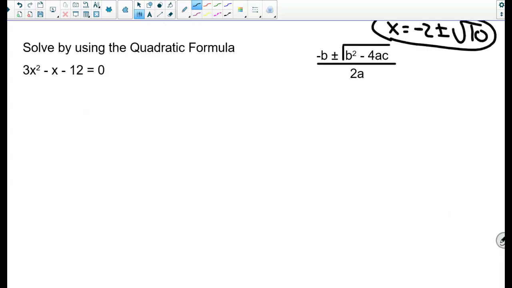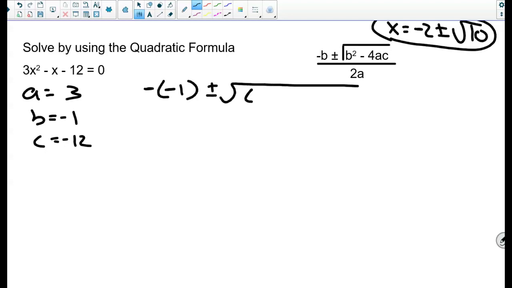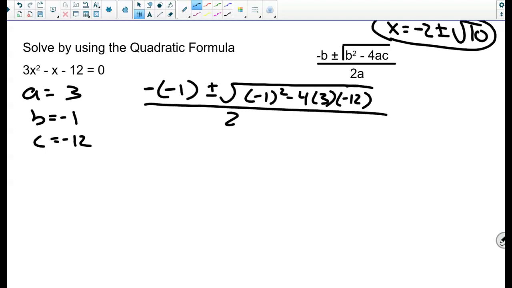Okay, so here, with quadratic formula, once our equation, our trinomial is equal to 0, we can write what our A, what our B, and what our C is. When I plug them in, negative negative 1 plus or minus negative 1 squared minus 4 times 3 times negative 12 over 2 times 3.